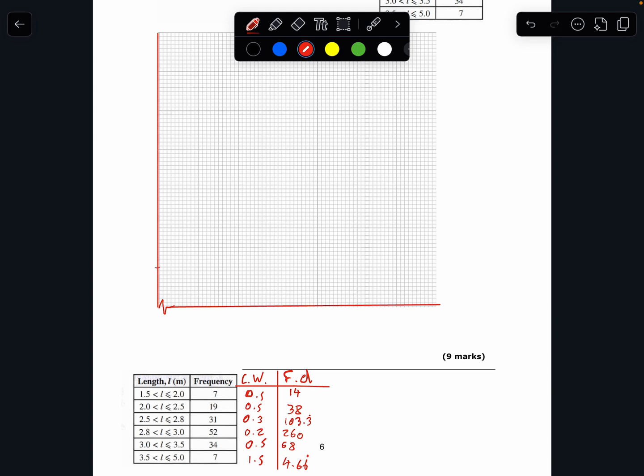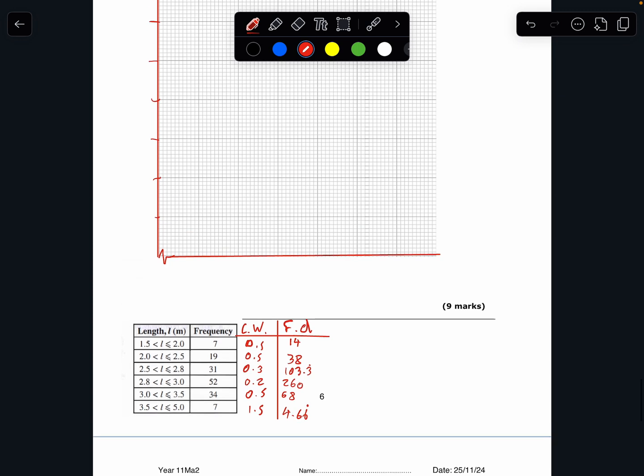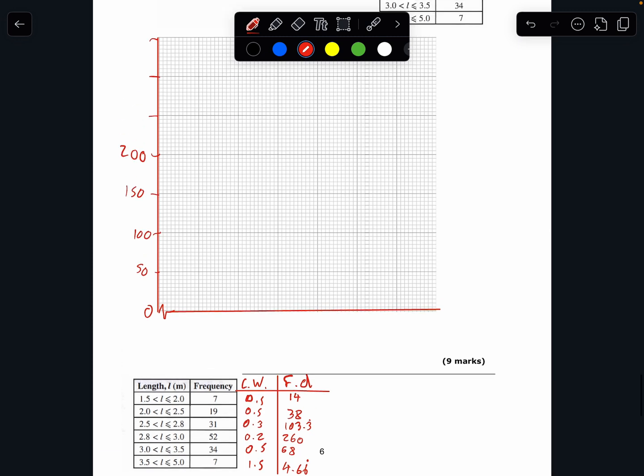So we have 1, 2, 3, 4, 5, 6, 7. So I'm thinking if I go up in 50s each time, that will definitely allow me to get all the way up to 260, right? So starting at 0, 50, 100, 150, 200, 250, 300, and 350. This here is my frequency density.